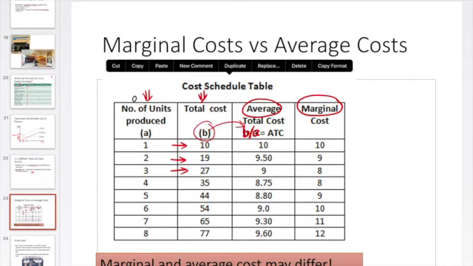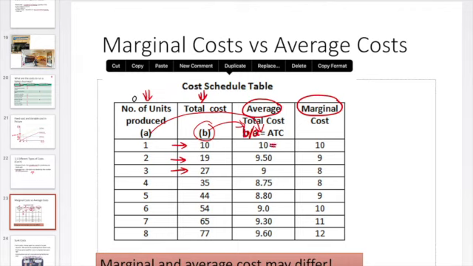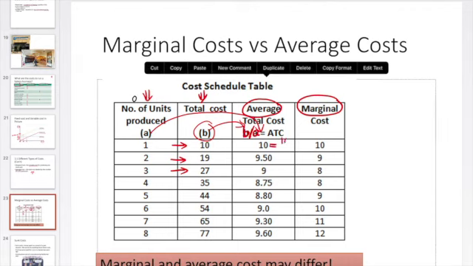This is column B and this is column A. So the average total cost, if you produce one item, is the total cost, which is 10, divided by 1. So this 10 comes from here, this 1 comes from here.